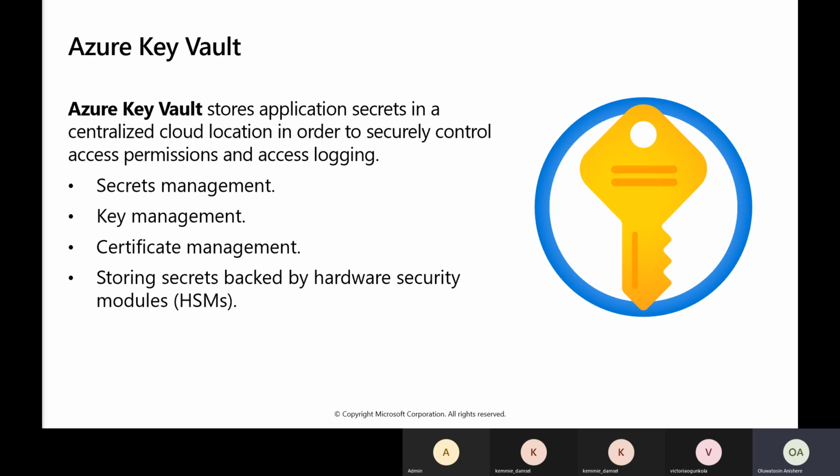Let's take, for instance, let's say you want to grant access to an application. You have an application and you want to grant it access to use the keys inside the Key Vault. Don't forget that you can use your Key Vault to store application secrets as well.